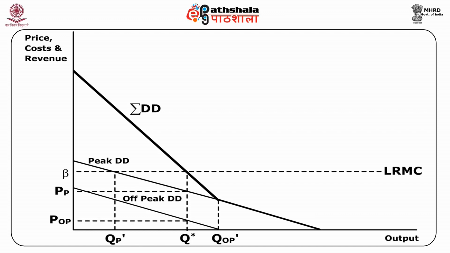The price charged from the off-peak users is POP, and that from peak period users is PP. The peak and off-peak prices add up to the capacity costs, beta.